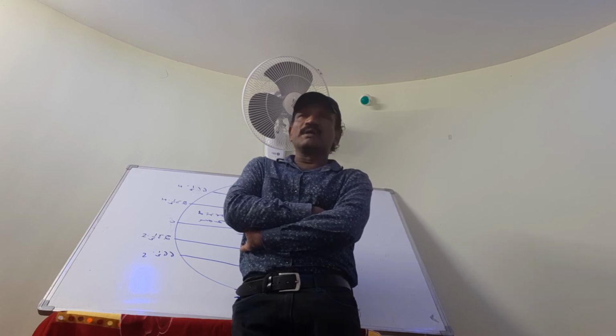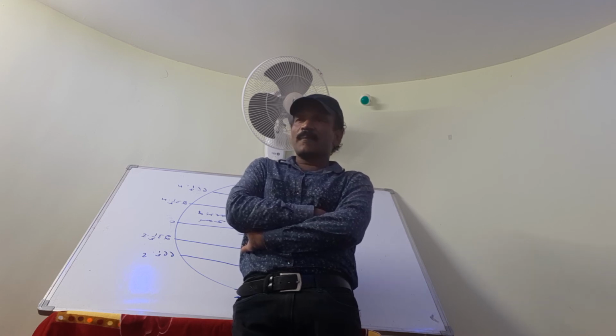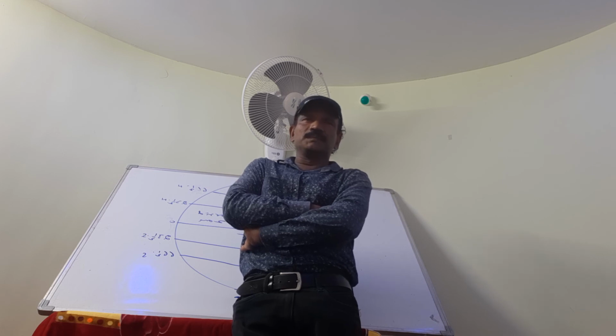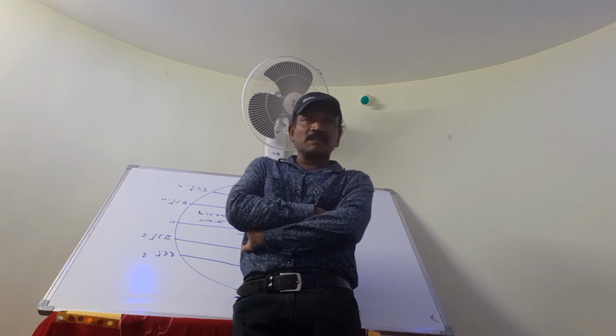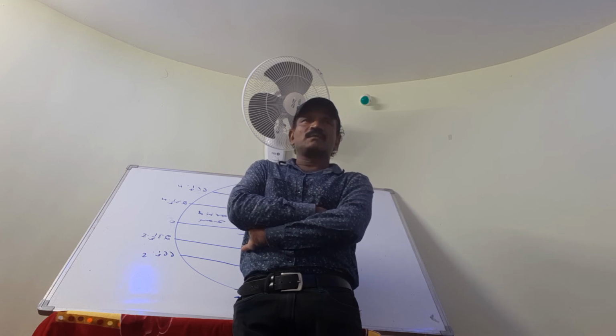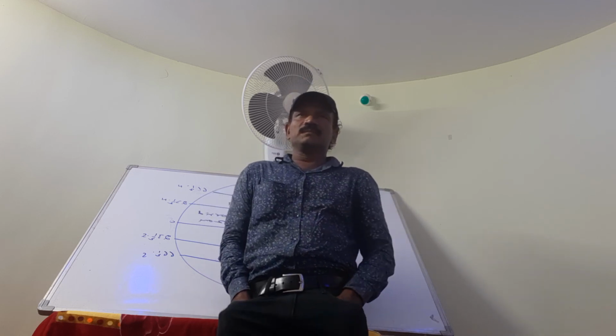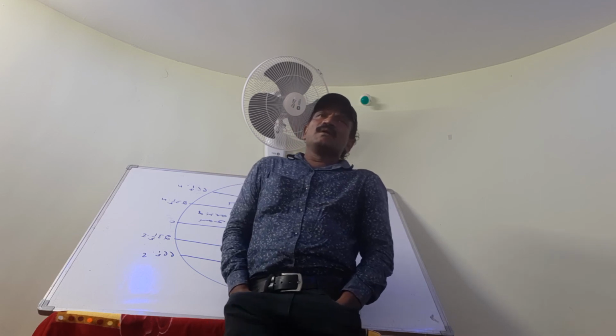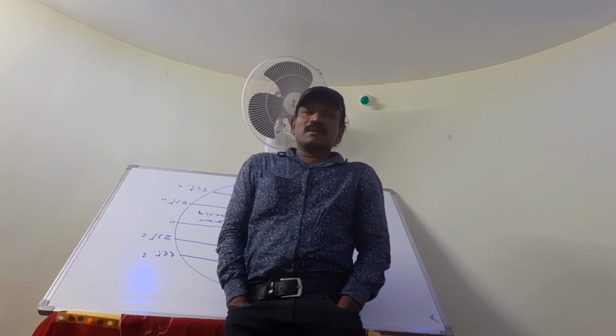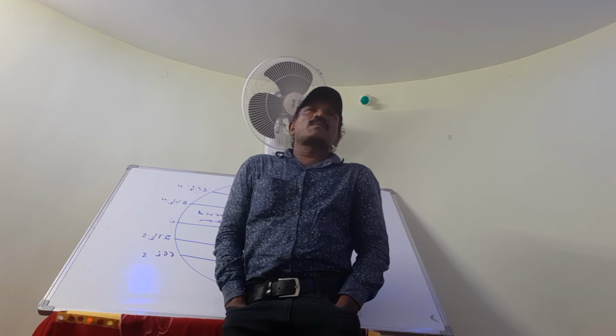If we go towards equatorial climatic zone, we can observe 150 centimeters rainfall. If we go towards tropical deserts climatic zone, we can observe the rainfall is 25 centimeters. It is a brief explanation about tropical grasslands.